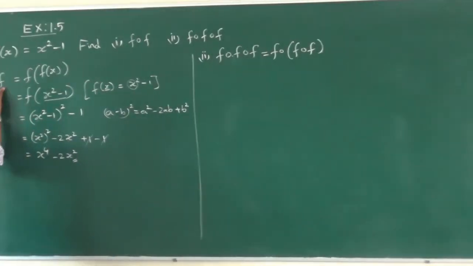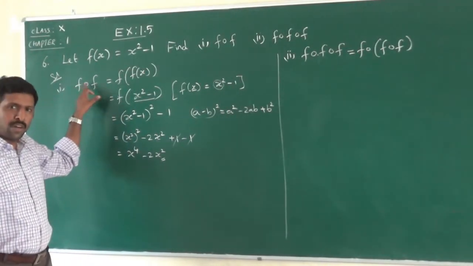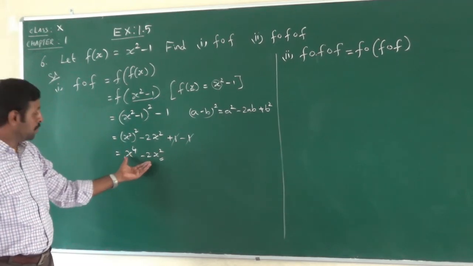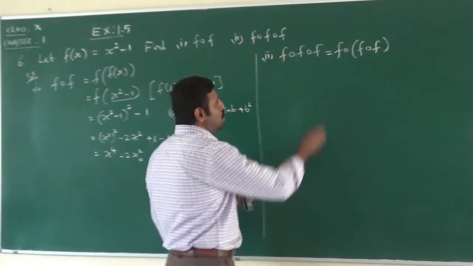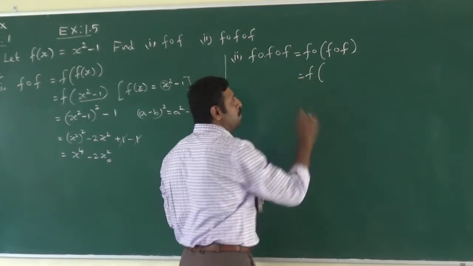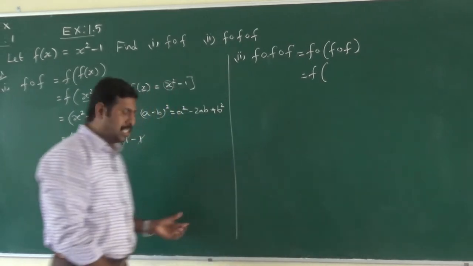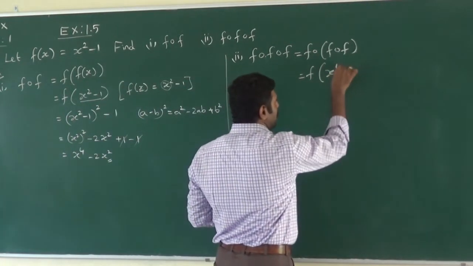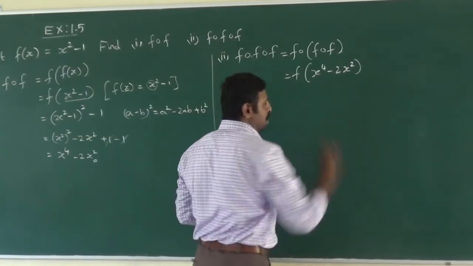See, in the first Roman number we have already found out that f composition of f has the value x power 4 minus 2x square. Now, here I take the value f of f, this is the value x power 4 minus 2x square.